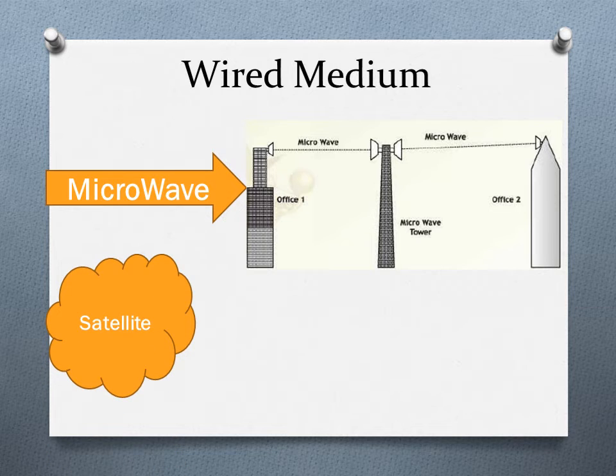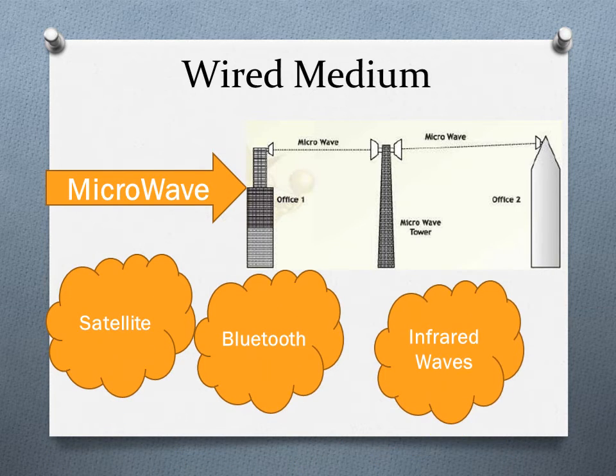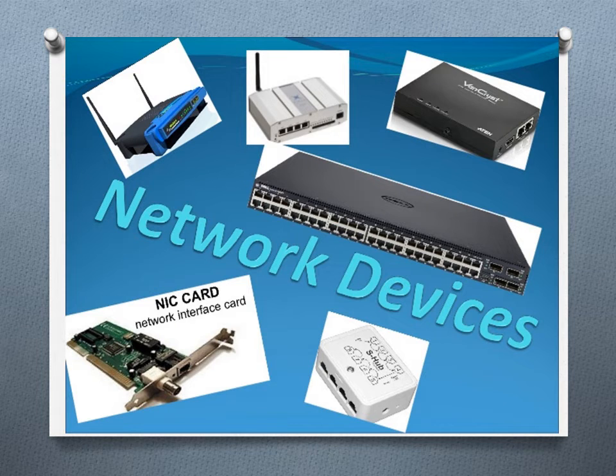Then satellite, Bluetooth, infrared rays are also the examples of wireless medium which are most commonly used in our daily life. Next comes the second part, or we can say the second requirement, that is network devices.